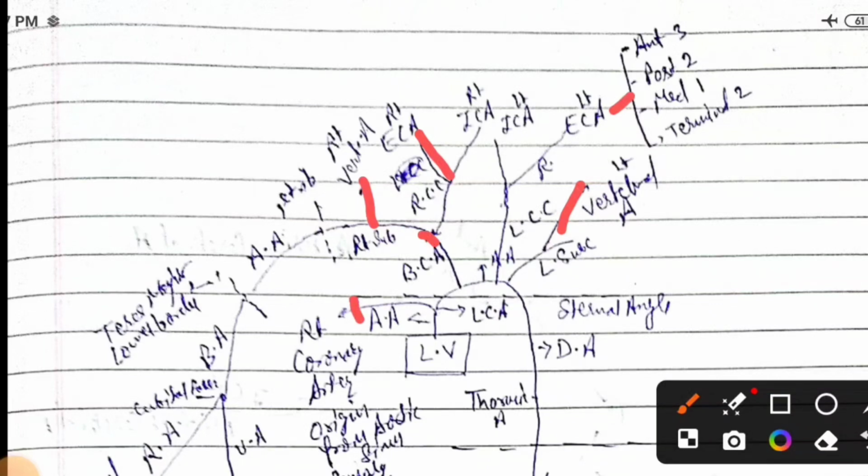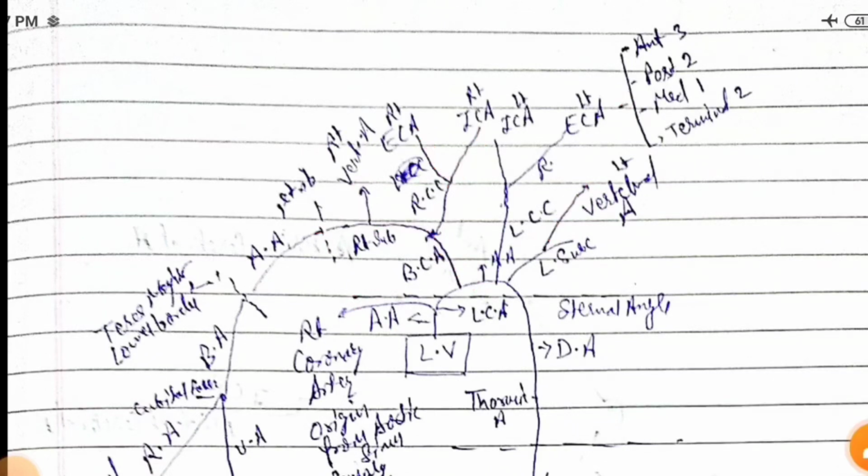Here I am going to clear your concepts about whole body artery circulation. The internal carotid arteries, right and left, also arise from the common carotid artery. The right and left vertebral arteries arise from the subclavian artery.